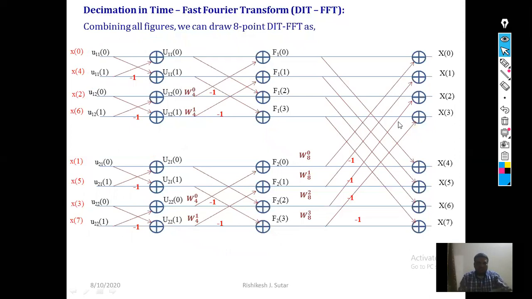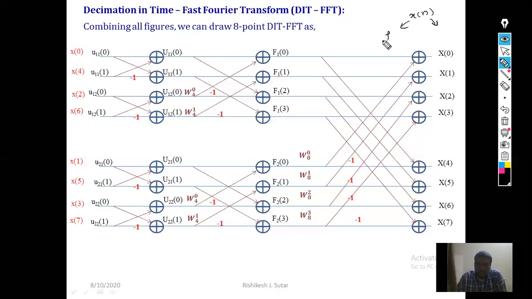So that is what the decimation in time fast Fourier transform is. So you are just dividing the x of n, that is time, means first you are dividing x of n into the even and odd parts.